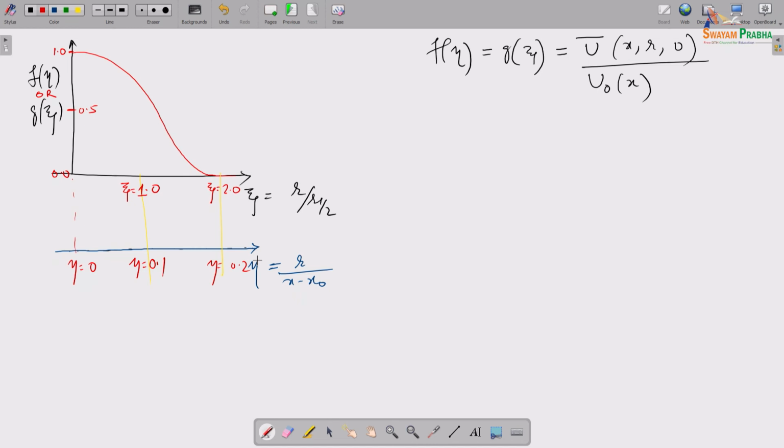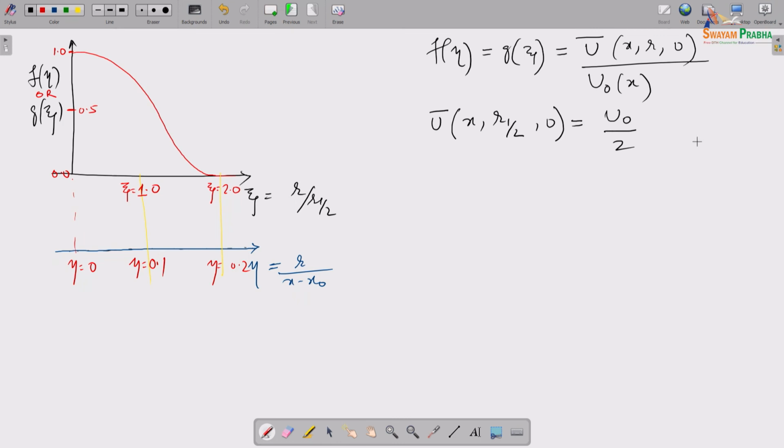Now one more thing is by definition, u mean. What is the connection of u mean and the centerline velocity? The u mean at r half is equal to half of the centerline velocity.